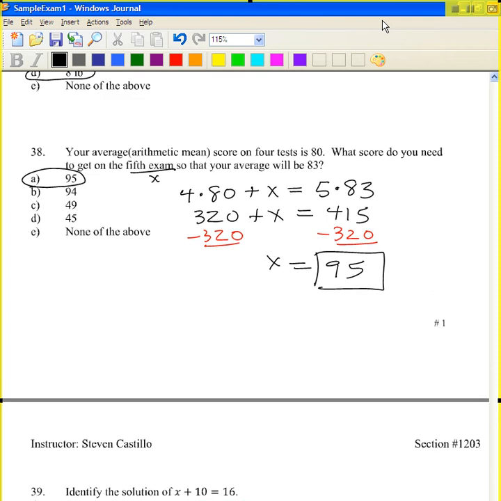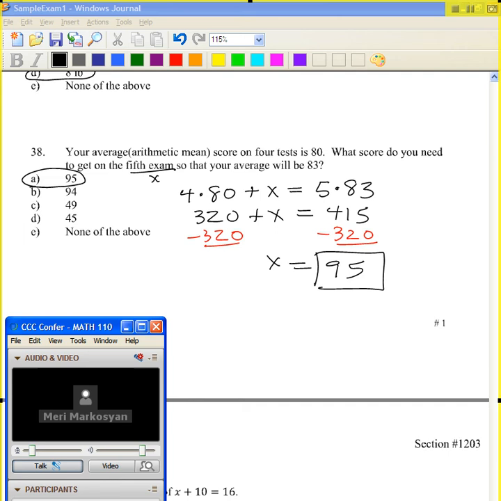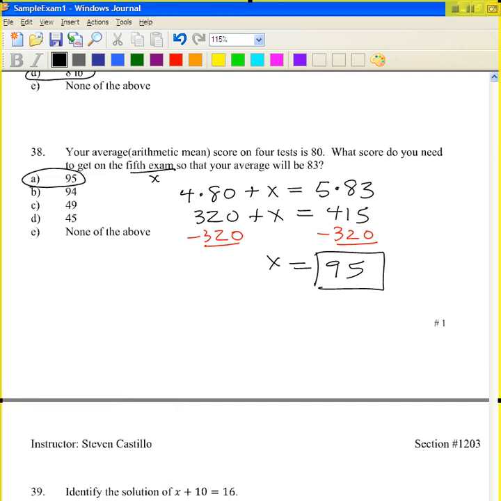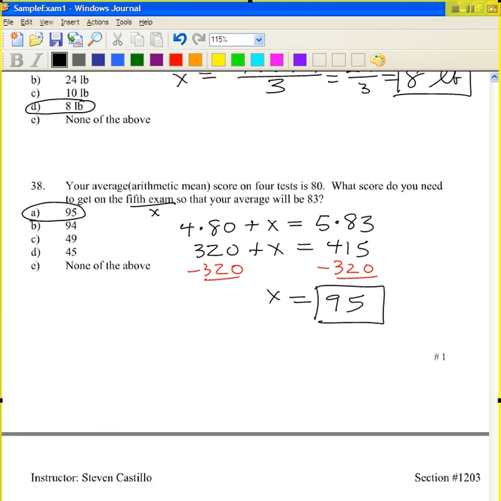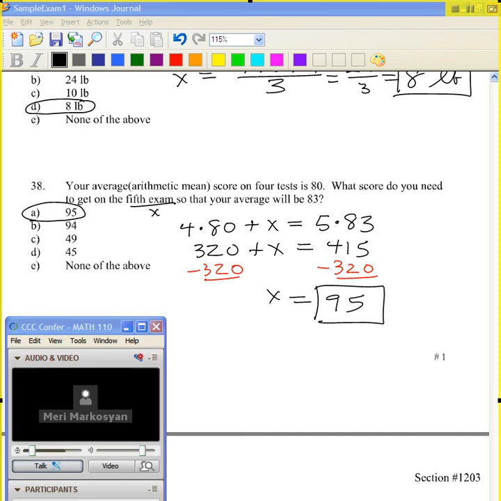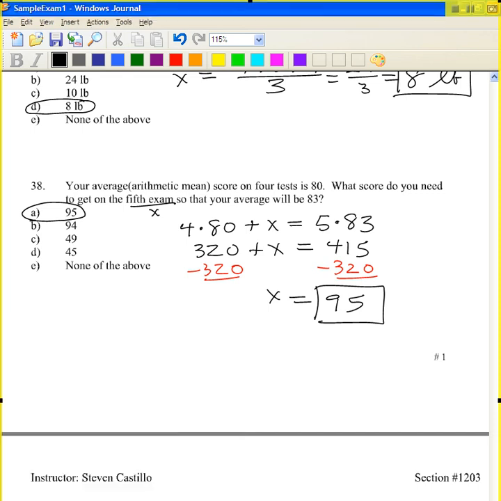Like that? Yes. Now can you see it? Okay. A little more. Now can you see it? Yes. Okay, good.